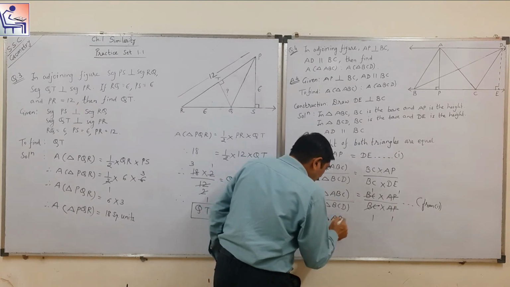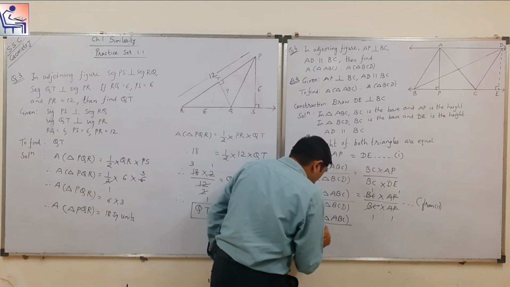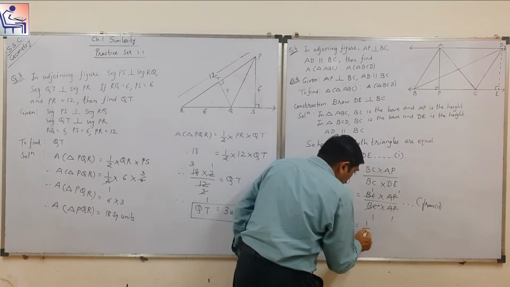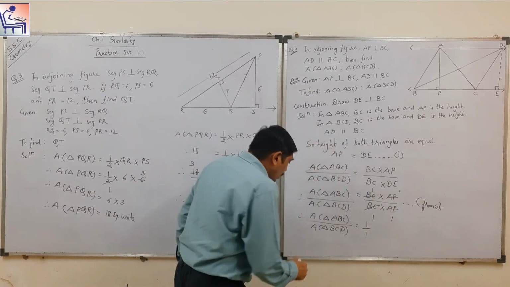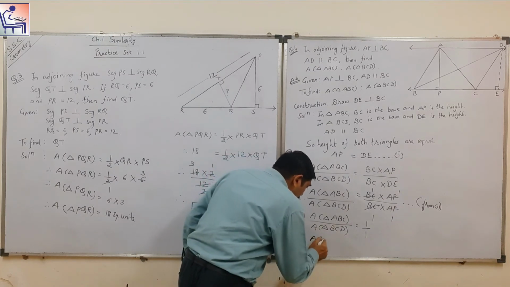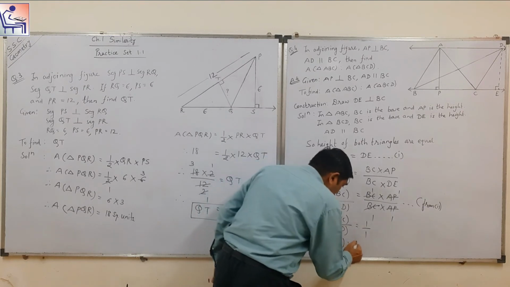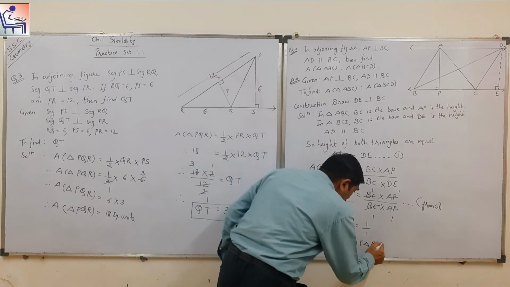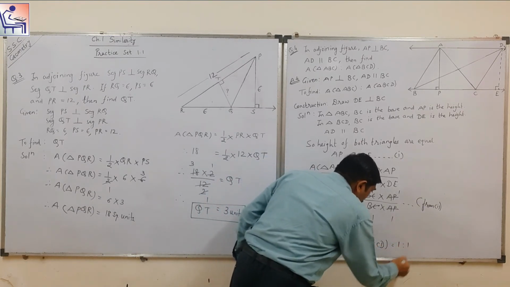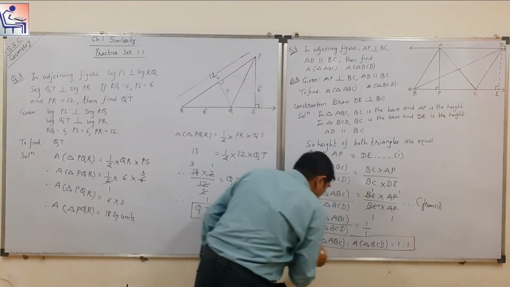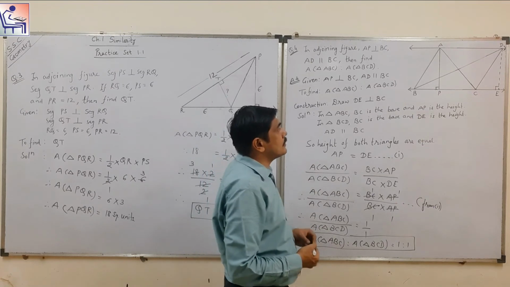Area of triangle ABC upon area of triangle BCD is equal to 1 upon 1. It means that area of triangle ABC is to area of triangle BCD is equal to 1 is to 1. This is your final answer.